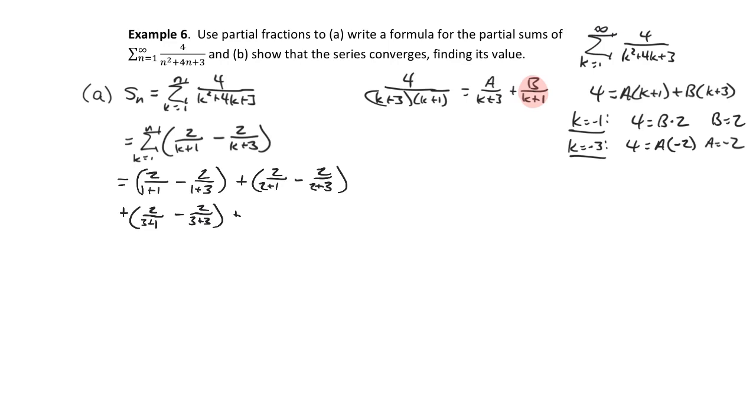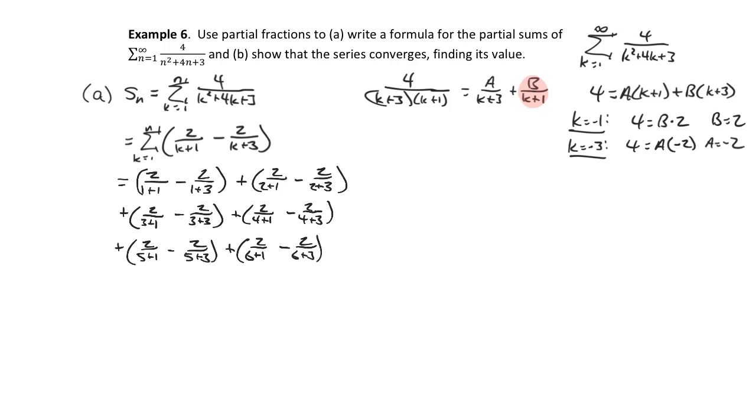When k is equal to 4, we get 2 over 4 plus 1 minus 2 over 4 plus 3. I'm going to do one more line of this. It's kind of snoozy. 2 over 5 plus 1 minus 2 over 5 plus 3 plus 2 over 6 plus 1 minus 2 over 6 plus 3.